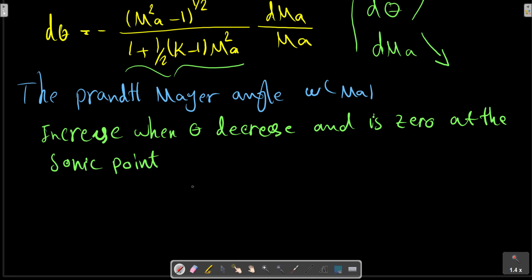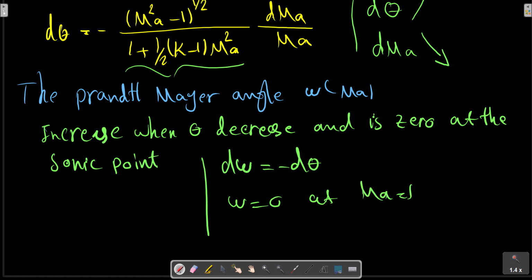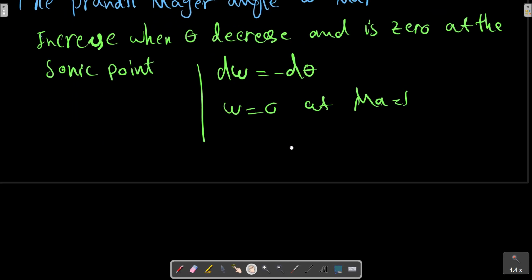Or we can write the Prandtl-Meyer angle at a Mach number relative to the sonic condition.